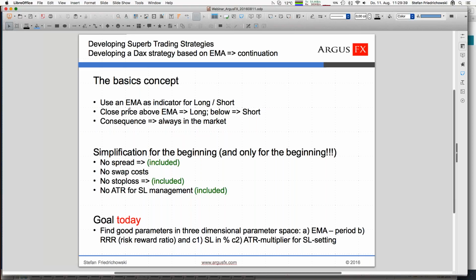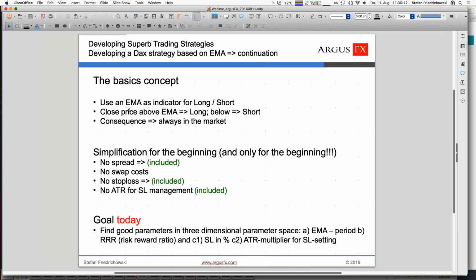Close prices above means long, below means short. First we did everything without stop loss, then we included a stop loss as well. And for our stop loss calculation we applied the ATR, the average true range, as an indicator of the volatility of the market.